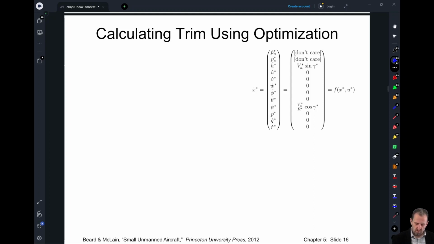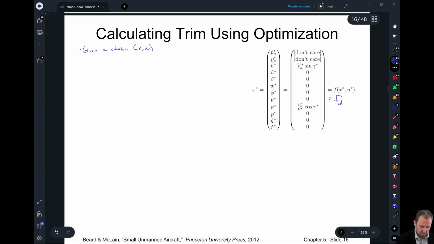So we're going to call this function FD. It's the desired value for our dynamics. Okay, given a particular choice for x and u, we can calculate f of xu.